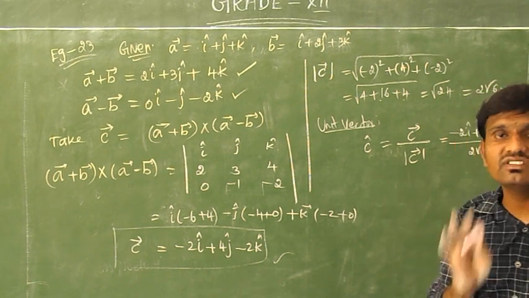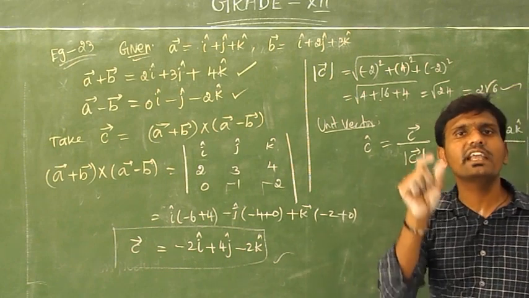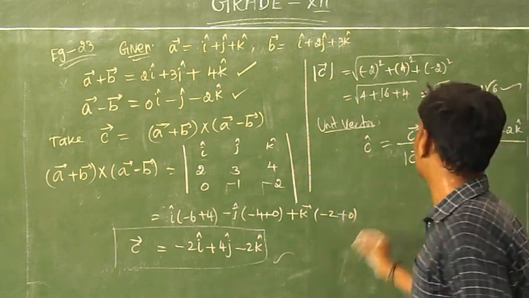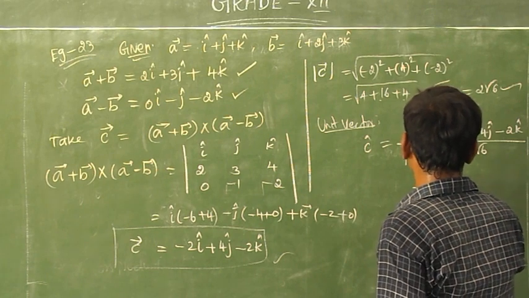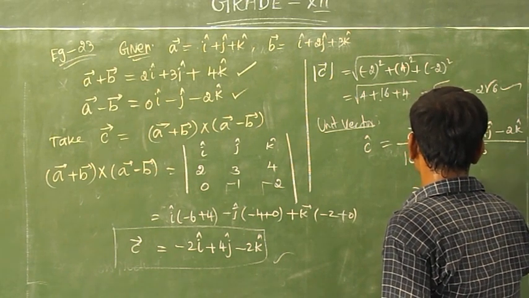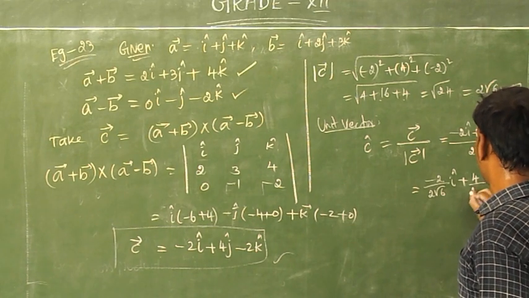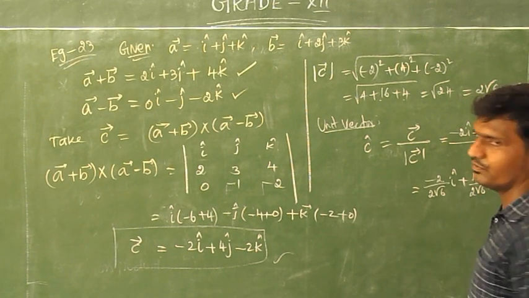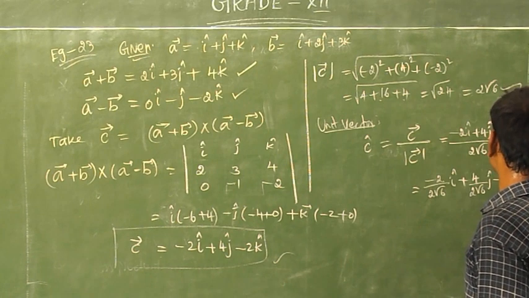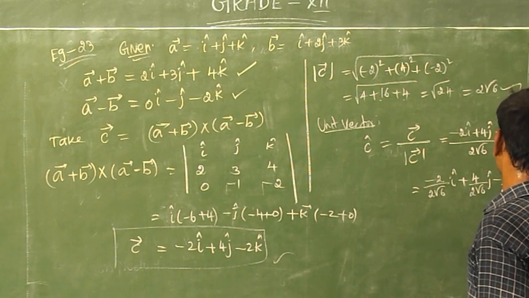So now I want to simplify separately i vector, j vector and k vector. So it will come minus 2 by 2 root 6 i vector plus 4 by 2 root 6 j vector. Then finally minus 2 by 2 root 6 k vector.